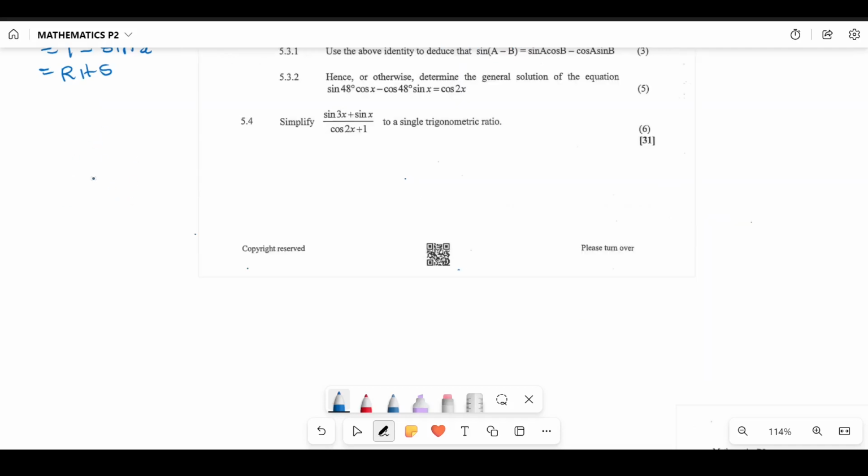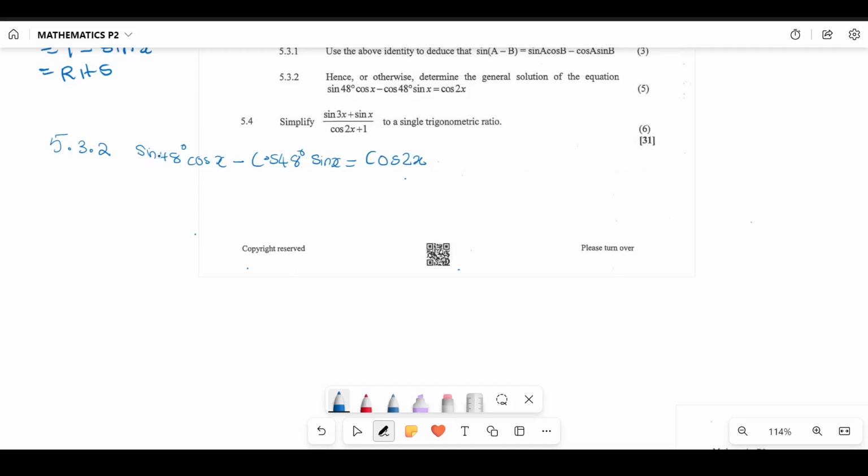Okay, let's go to 5.3.2. Hence or otherwise determine the general solution of the equation sin 48 cos x minus cos 48 sin x equals cos 2x.